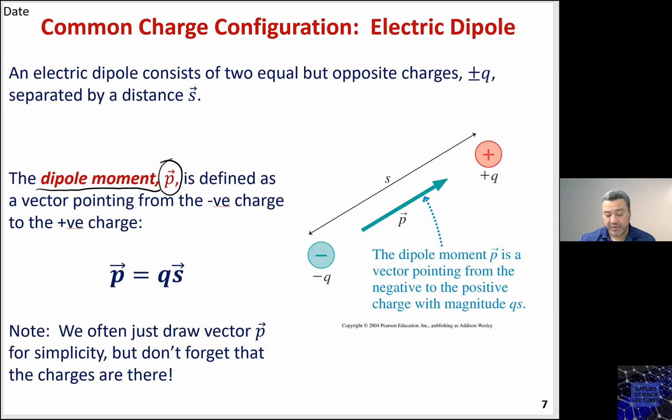So always remember that the dipole moment is pointing from the negative charge toward the positive charge, such that the displacement vector s is also pointing from the negative charge toward the positive charge, while the q here is the magnitude of either of those two charges. So we define what's called the dipole moment, and this dipole moment is a vector, and it points from the negative charge toward the positive charge.